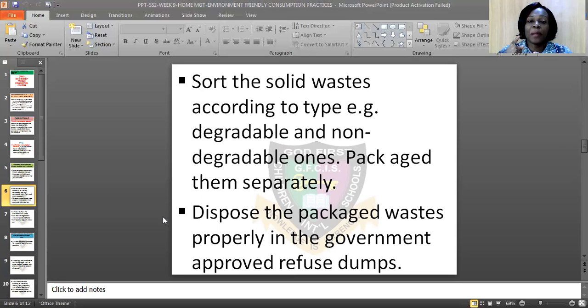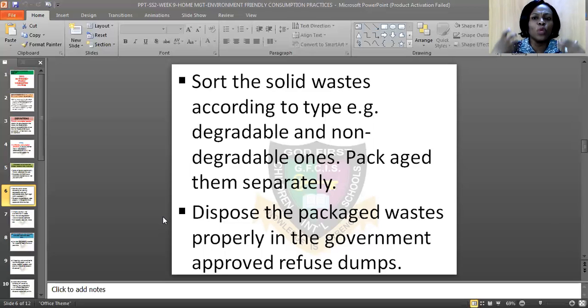Now, another point is that you dispose of the packed waste properly in the government-approved refuse dump. Very important. Because the citizens of Nigeria today, me and you, will find ourselves doing the wrong thing when we actually know the right thing. Yes, government has actually provided a site where we'll be disposing of all these waste products.